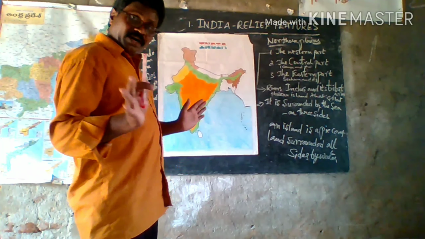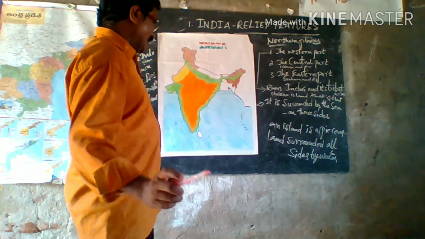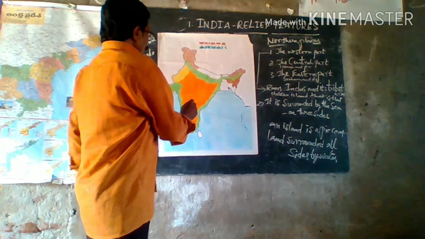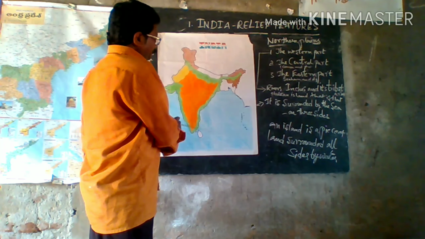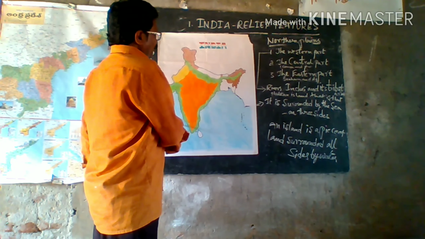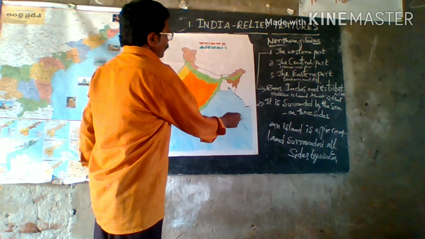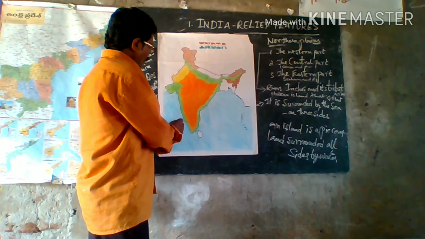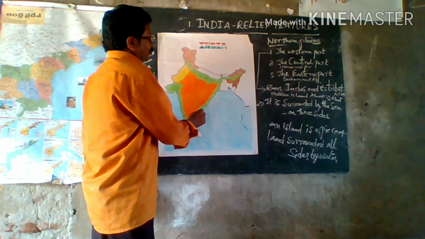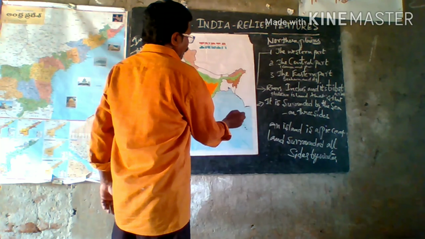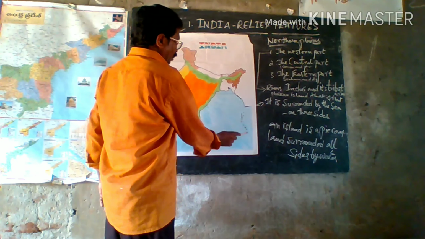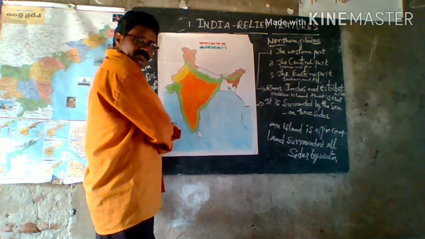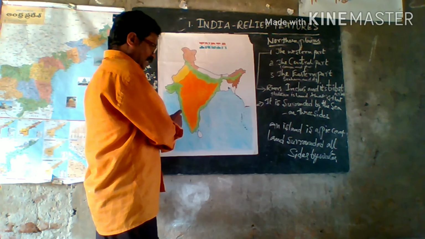Another important category is islands. This is the Arabian Sea and this is the Bay of Bengal. East is the Bay of Bengal, west is the Arabian Sea. In the Bay of Bengal are the Andaman and Nicobar Islands, and in the Arabian Sea are the Lakshadweep Islands.